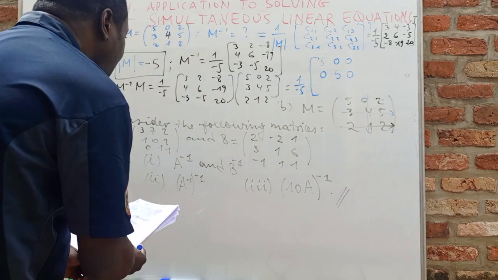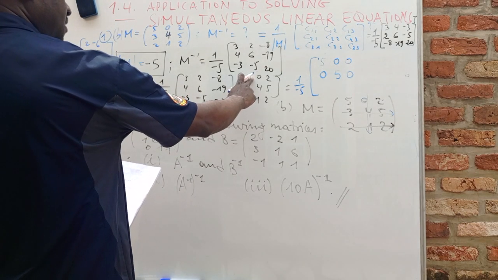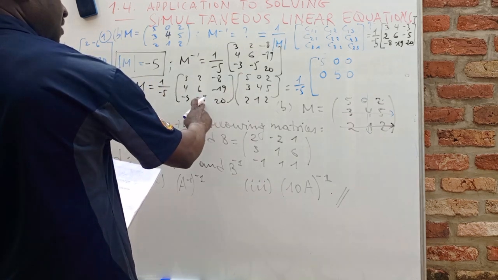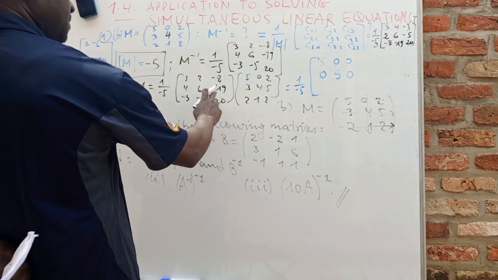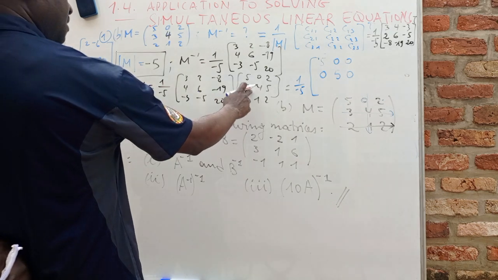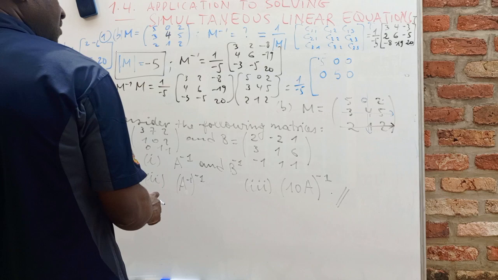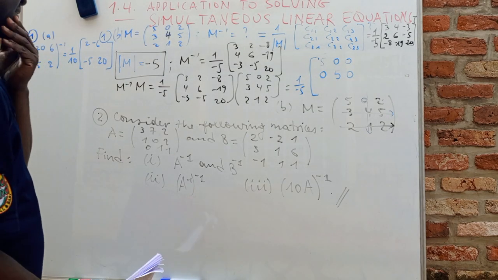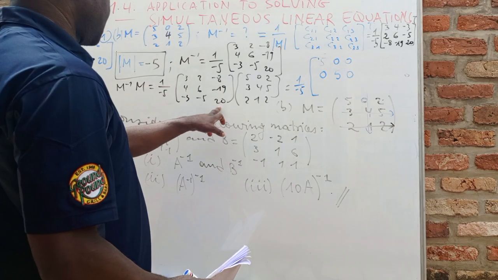So now negative 3 times 5 is negative 15. Negative 15 plus 30 is negative 13? And 20 times 2 is equal to, what is it?